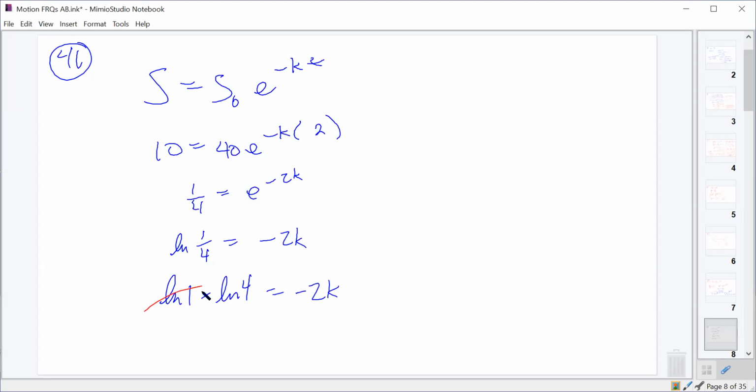Natural log of 1 is 0. The negatives cancel. So you end up with 1/2 the natural log of 4 is k, or k equals natural log of 4 to the 1/2, which is natural log of 2.